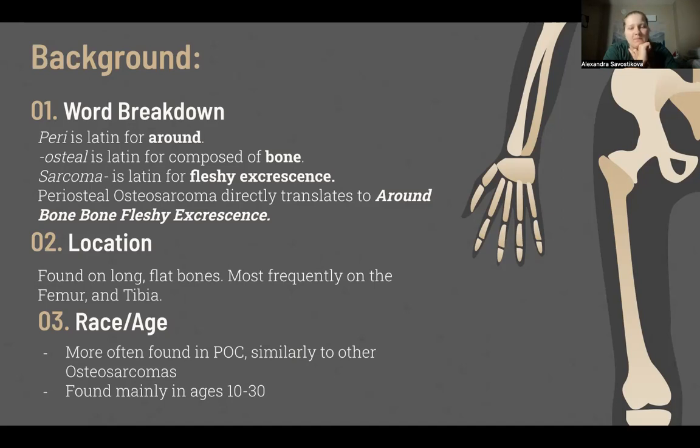The age is mainly younger patients, from 10 to 30 years old. Incidence of periosteal osteosarcoma in older people, I think it was 60 or older, was 1 in 10. So it's only a 10% chance you'll really see it in patients 60 or older.